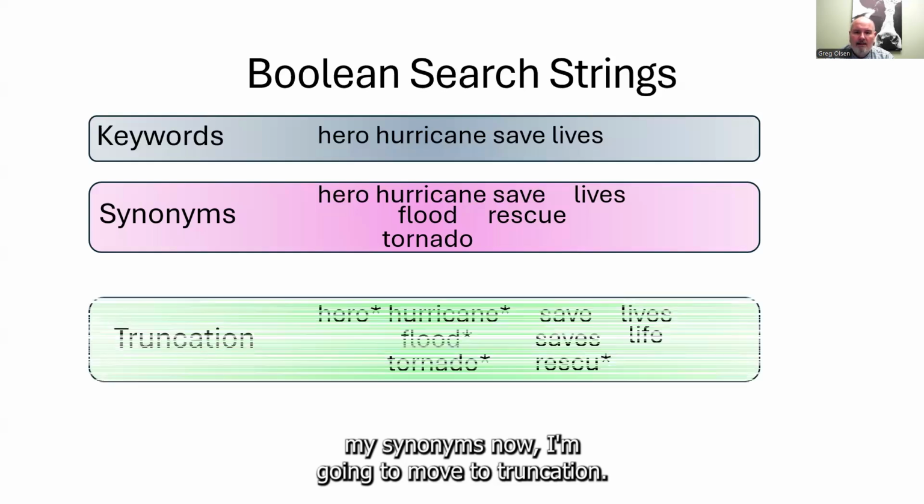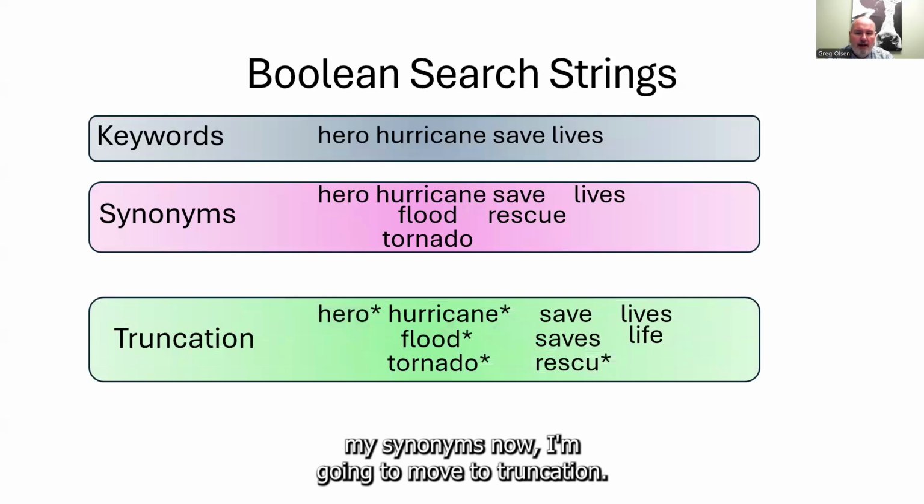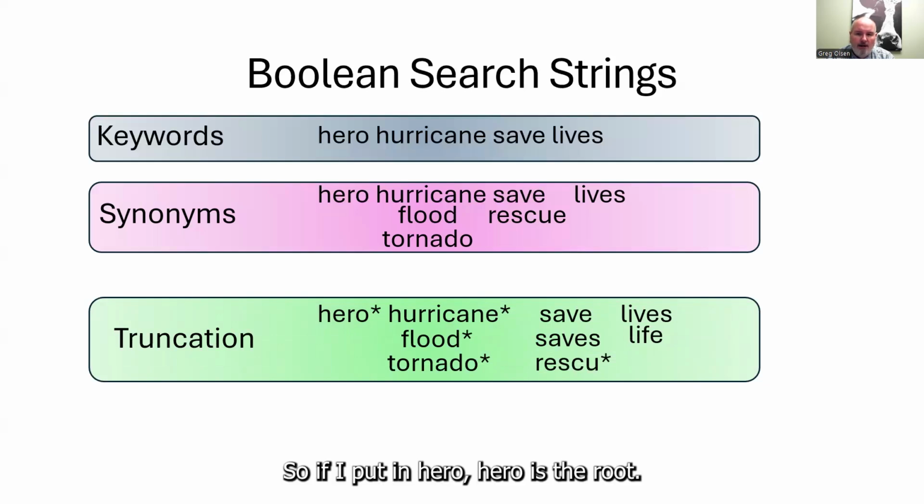And once I have my synonyms, then I'm going to move to truncation. Truncation is thinking of the root of a word. If I put in hero, hero is the root, but it's unlikely that I'll get articles that only mention heroes or heroic, and I want those words.